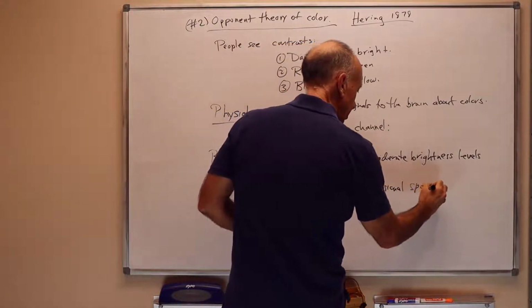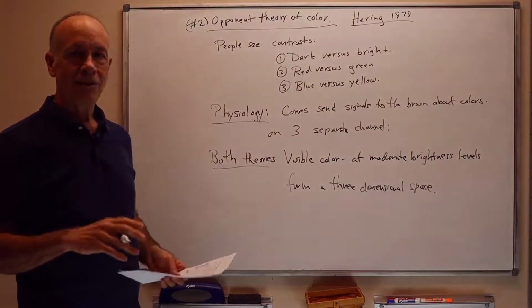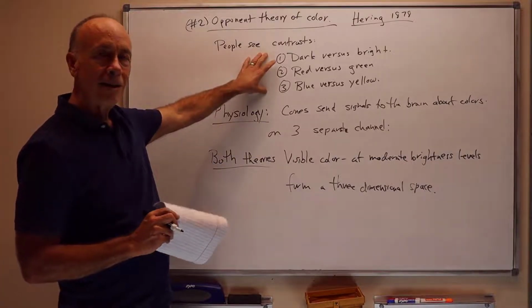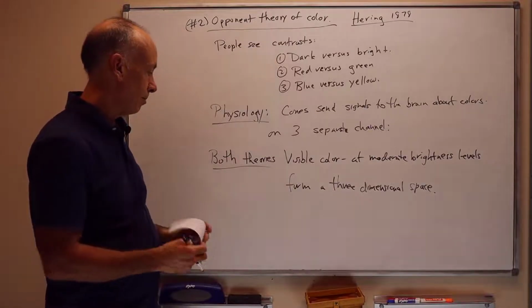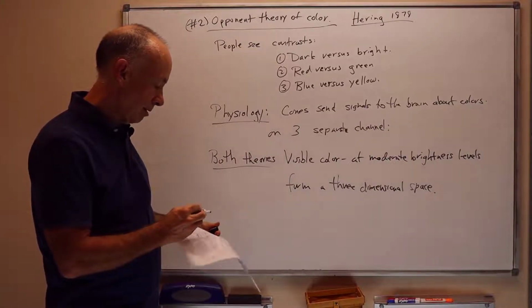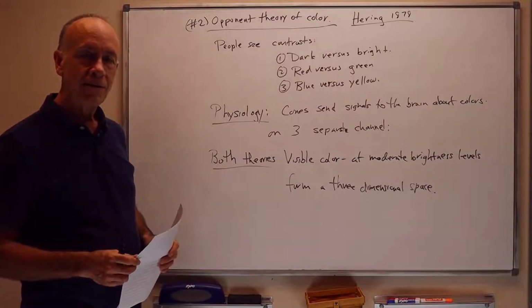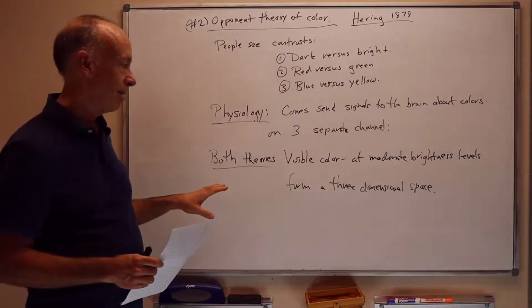Because in the trichromatic theory, we can vary the amount of red and vary the amount of blue and vary the amount of green in the light. In the opponent theory, we can think of the relative levels of each of these different contrasting possibilities. And that means that when we're designing our imaging spaces for color, we should be thinking in terms of coming close to a three-dimensional light space.